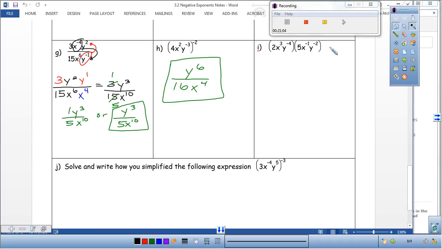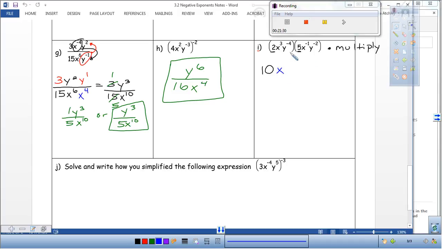Let's see. I'm going to multiply this first. You could move the negative exponents first, and that's fine. You'll get the same answer. I think I'm going to multiply first and then move stuff. So I'm going to do 2 times 5. Class, what is that? 10. Okay, x to the what power?